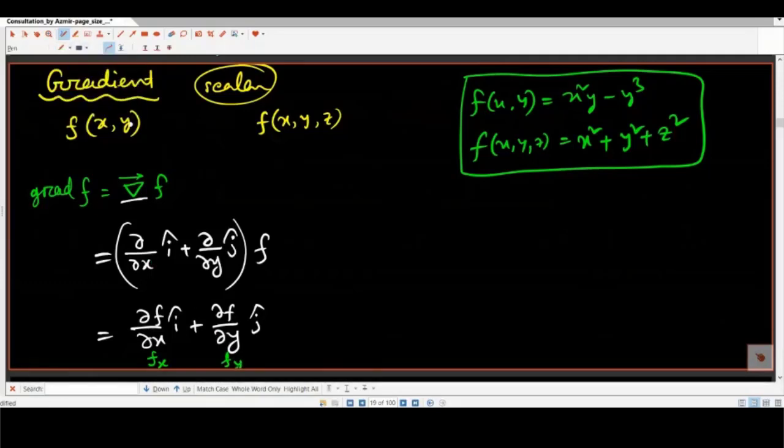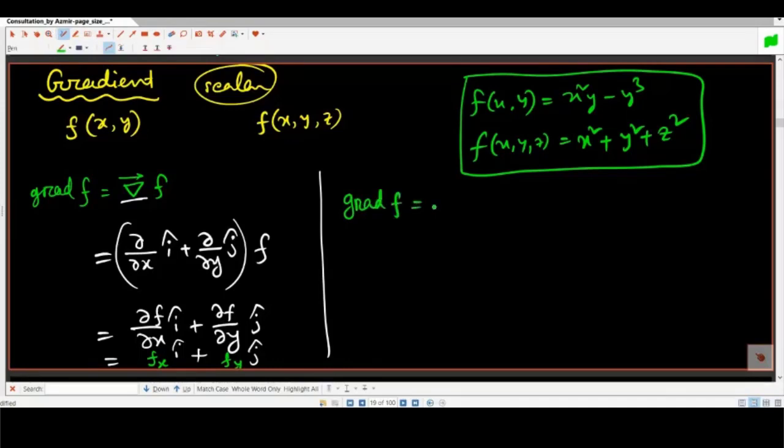So we know how to do the partial derivatives. So this is the gradient of f if f is a function of 2 variables. So similarly, if we have a function of 3 variables, then gradient of f will be del f. So del is a vector just like this one in 3 dimensions.